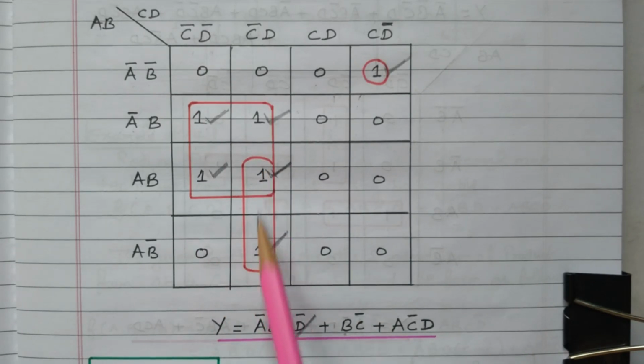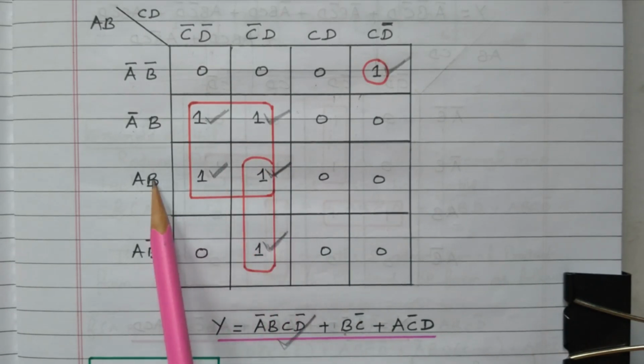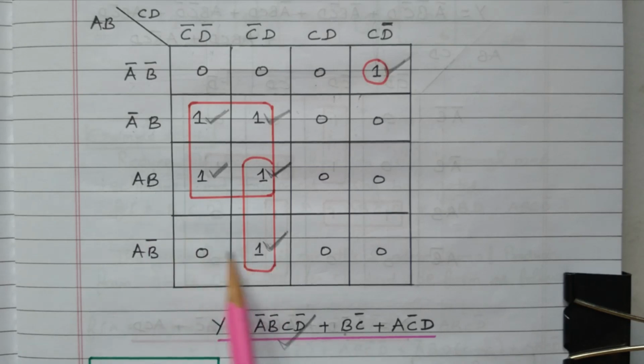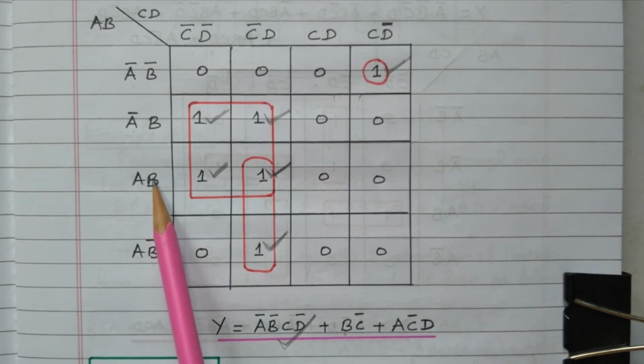Right. Now we have to refer these 2 cells. These 2 ones are combined. So we have to refer these 2 terms horizontally and this one term vertically. While referring these 2 terms, what is available here? AB, AB bar. So this B bar, B got cancelled. Only we have A. So that A is written here.